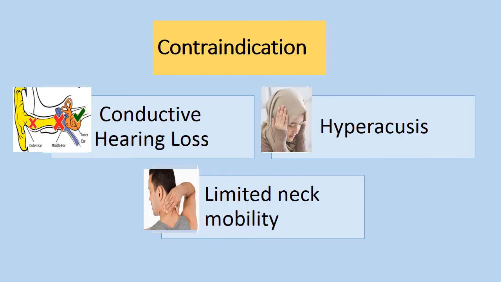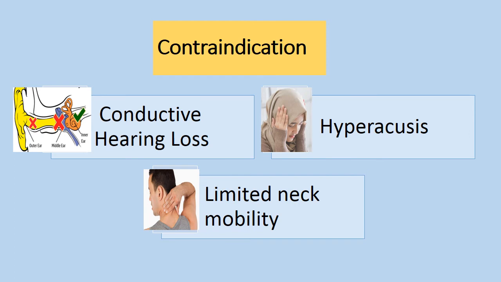There are some contraindications for recording VEMPs. The first one is conductive hearing loss. Conductive hearing loss will impede the sounds reaching the vestibular organ, causing an inadequate level of sound stimulus to stimulate the organs.